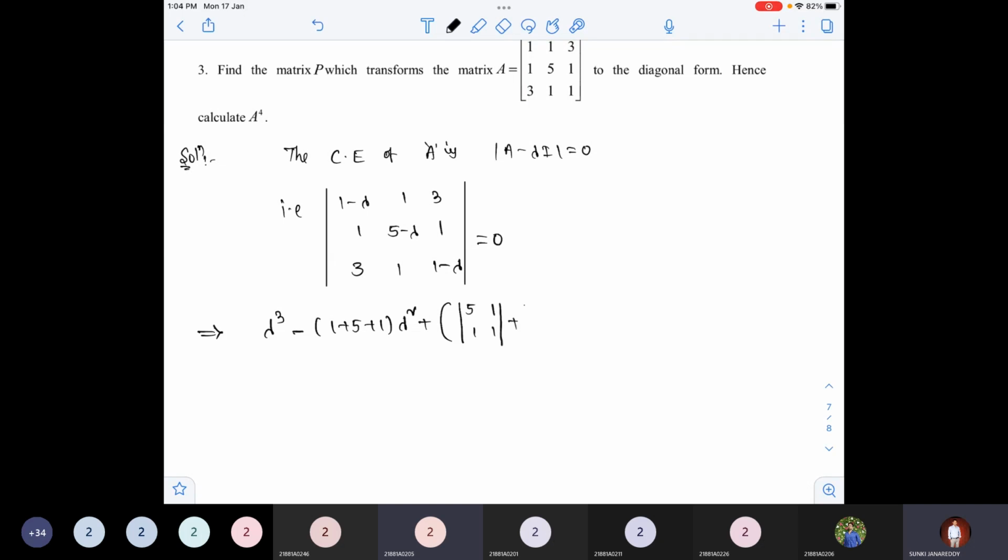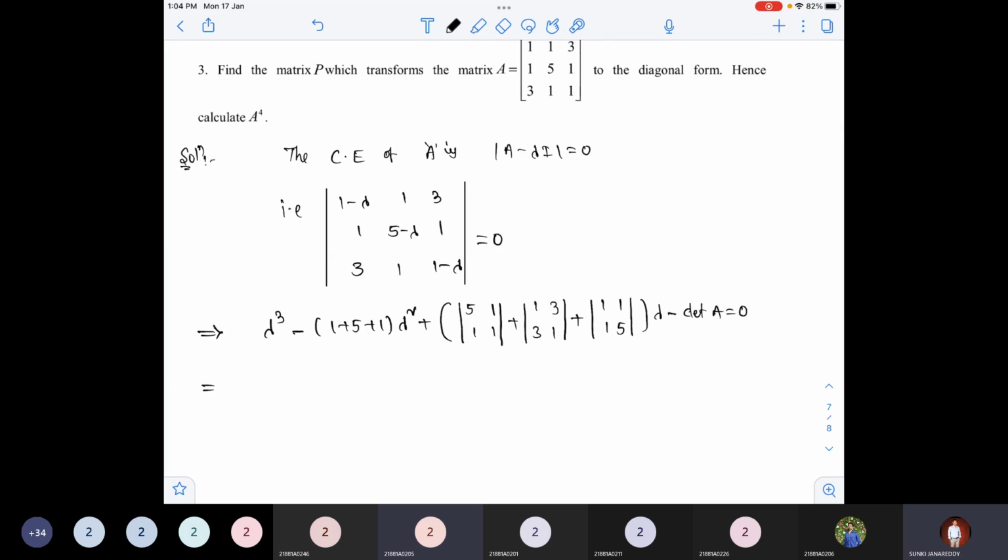Next leave second row, second column: determinant 1 3 3 1. Next leave third row, third column: determinant 1 1 1 5. Then minus determinant of A, equal to 0.